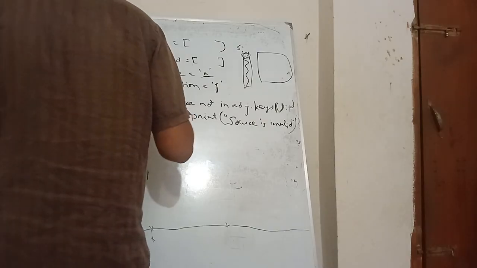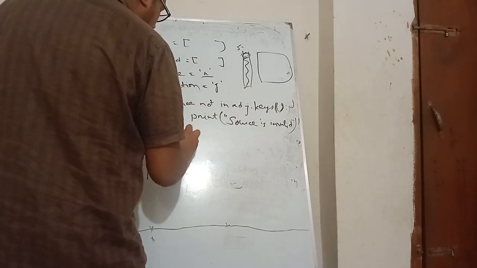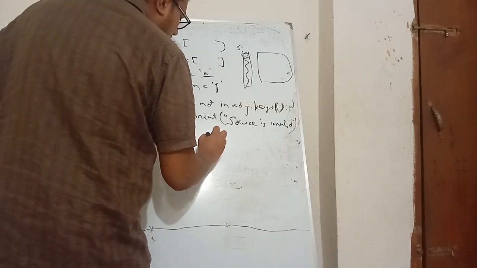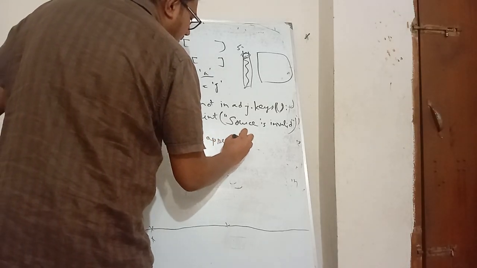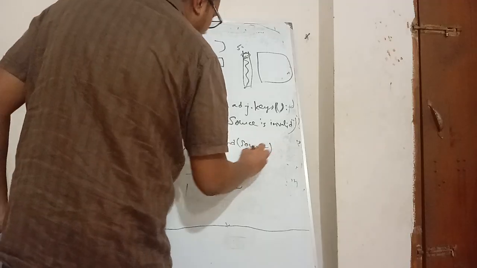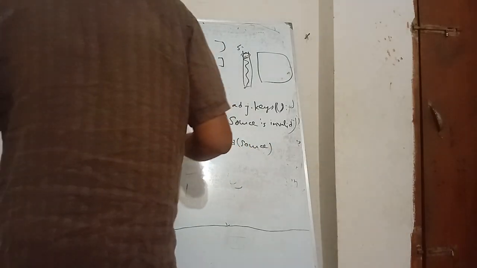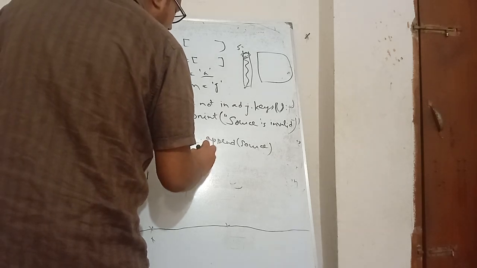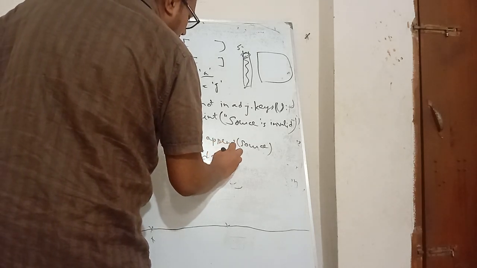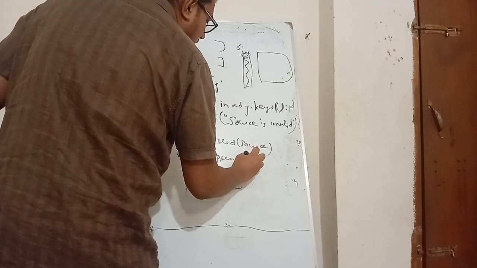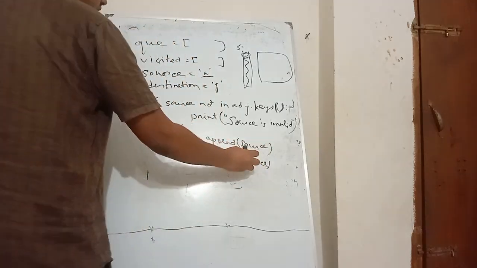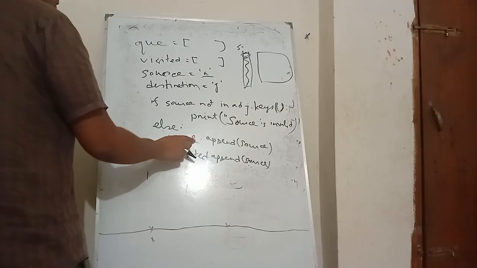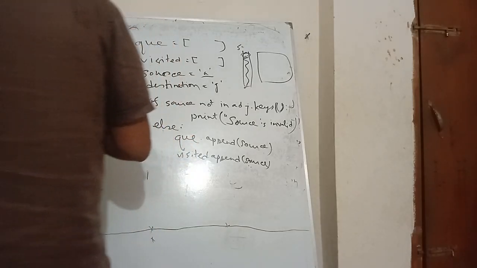Else, if source is valid, we append it to the queue. Also, this is now visited, so visited.append(source), because we have visited the source as we added it to the queue.